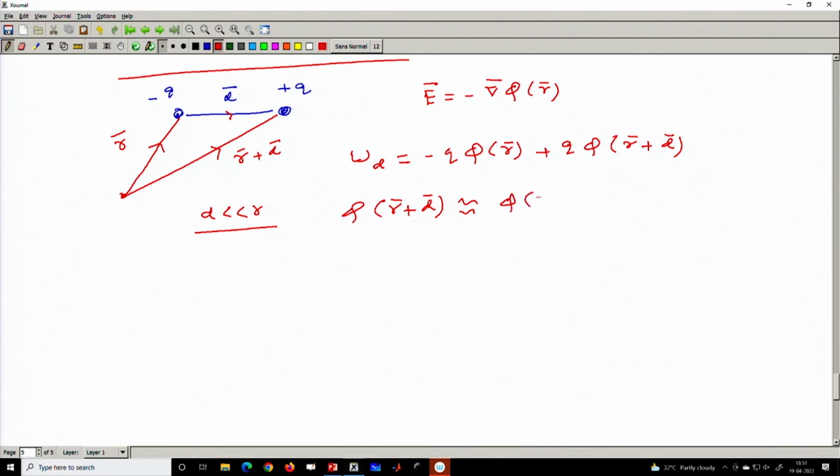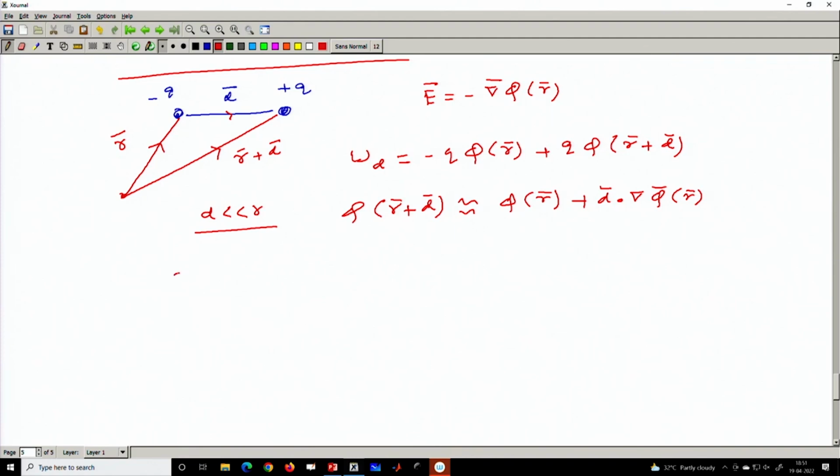It should be simply d dot the gradient of phi at r. I should not extend much further because the rest is higher order in d, and I can safely neglect it.